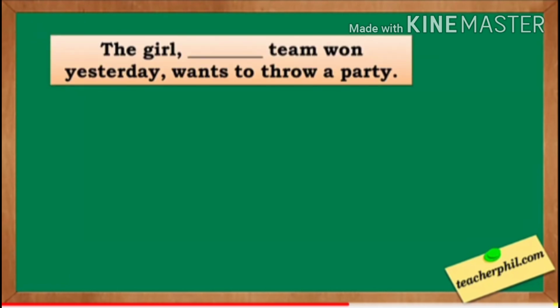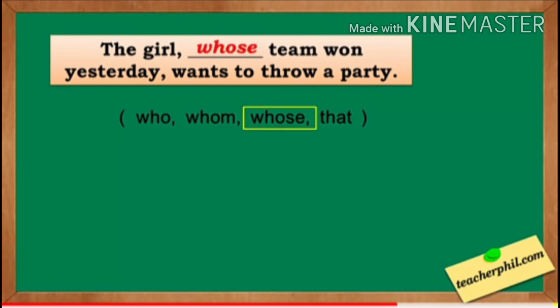The second one. The girl blank team won yesterday wants to throw a party. Is it who, whom, whose, or that? The correct answer is whose. The girl whose team won yesterday wants to throw a party.